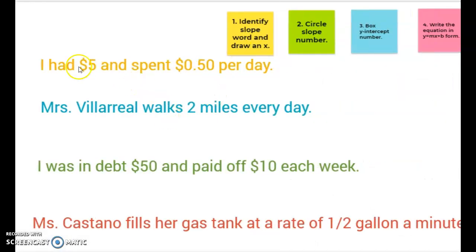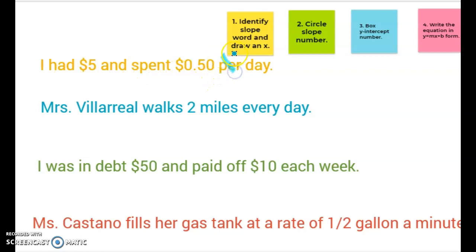Okay, so on here there are 4 different statements. If you notice, in each one there is a slope word. Up here in sticky notes are your directions. So your first step is to identify the slope word and draw an X. In that first statement, I see that my slope word is per.